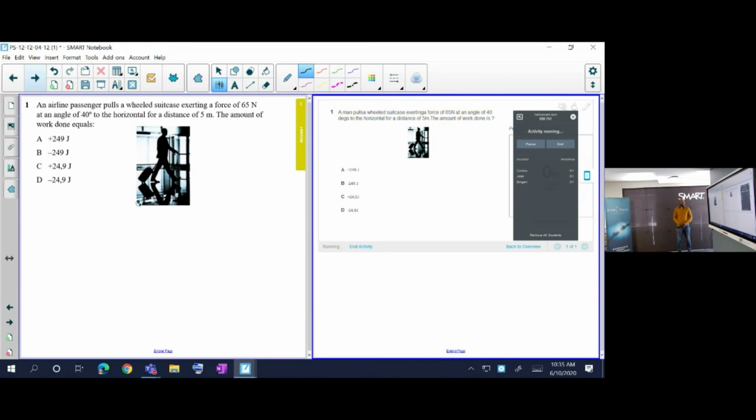We have A, which is positive 249 joules, B, which is negative 249 joules, C, positive 24.9 joules, and D, negative 24.9 joules.